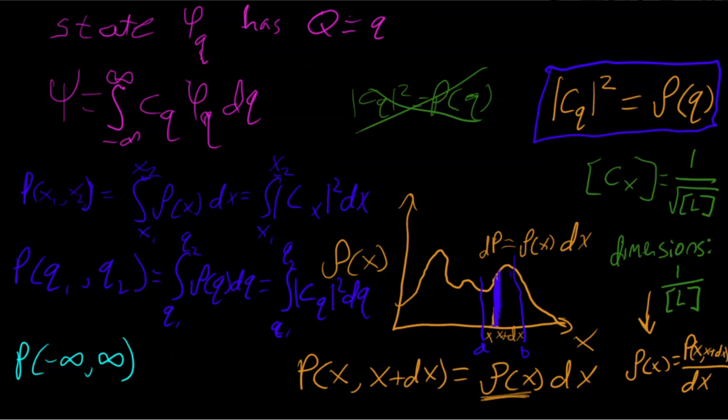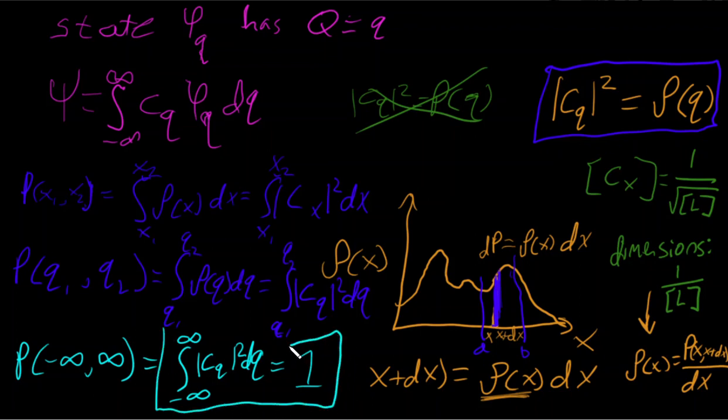Well, it's got to have some value of that observable. This has got to be equal to 1. This is the integral from negative infinity to infinity of c sub q norm squared dq, and this is equal to 1. And this is our normalization condition.